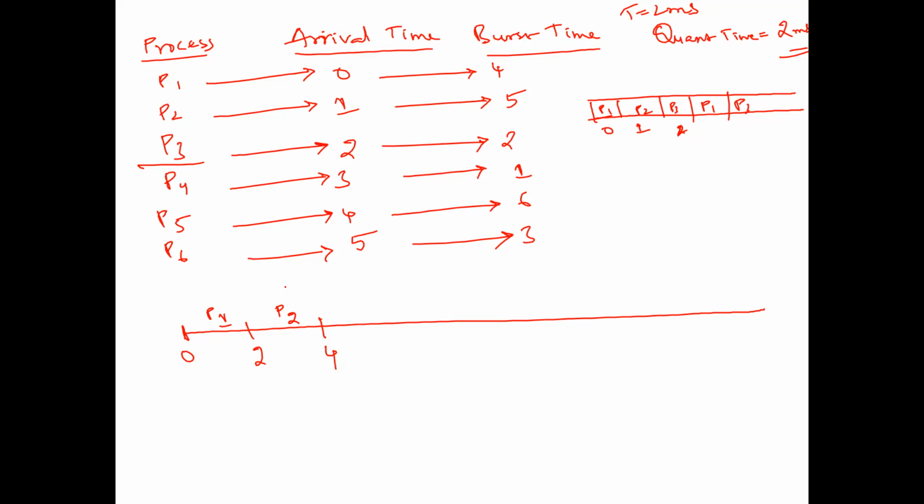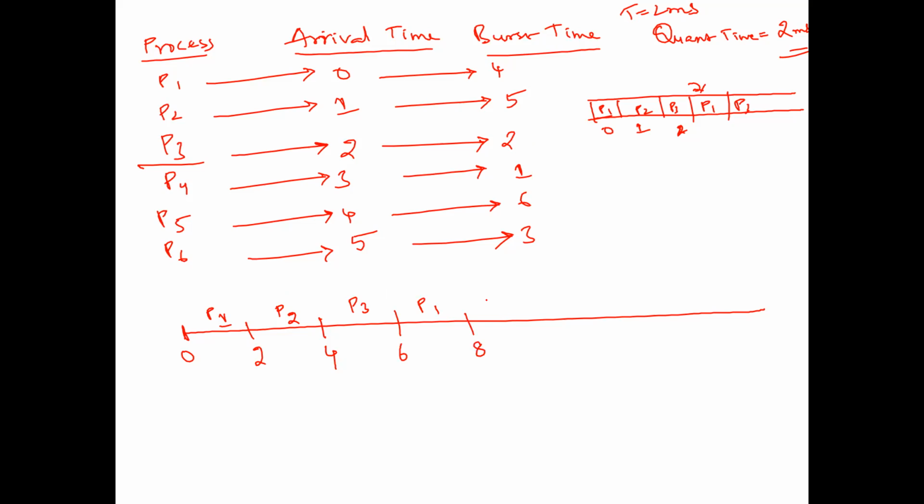Again preempt P2 and add P3. P3 will also take 2 units of time. After P3, you have to take P1, because in the ready queue, P1 is there, right?